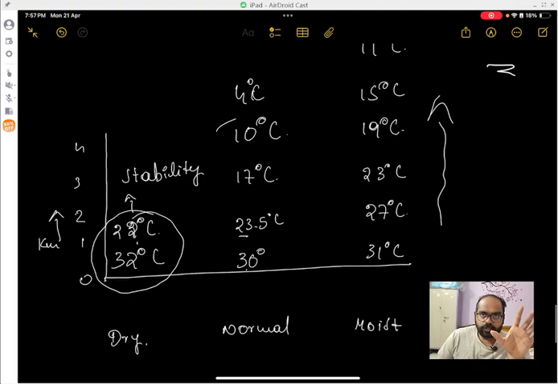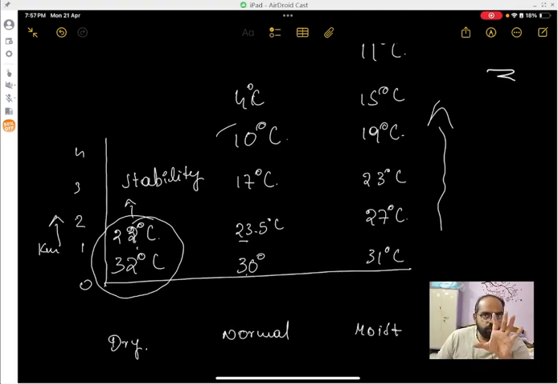So we have come to a conclusion that moist air is unstable and dry air is comparatively stable, and moisture rises much higher compared to dry air. This is one aspect. The second aspect is moisture in the equatorial and tropical regions, because they are much more covered with oceans. Whenever the air is in motion, it travels from sea to land, and while traveling it brings some moisture with it.